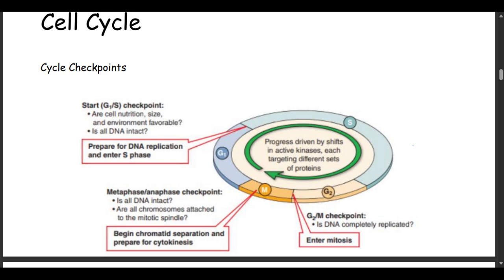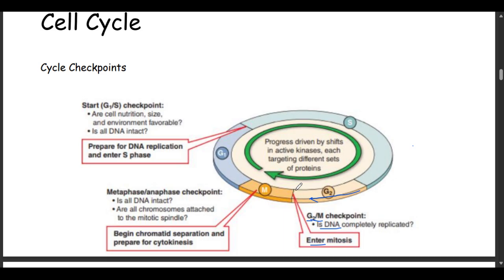after the G2. Okay, so there's no checkpoint from S to G2 because here is just a growth phase. But just before mitosis occurs, we need to check if the DNA has completely replicated, after G2 and before the M phase.